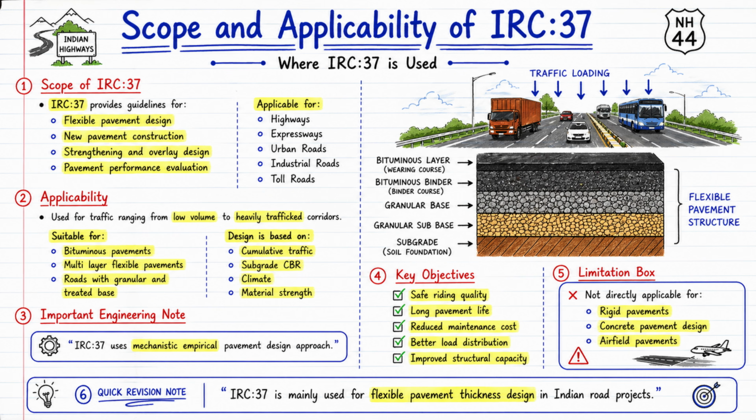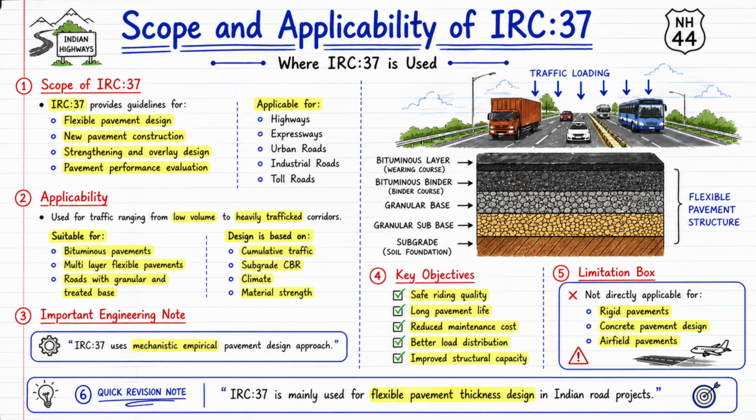Now see suitable for below: bituminous pavements, multi-layer flexible pavements, roads with granular and treated base. Notice one thing here. The entire focus is on flexible pavement system. Rigid pavement is not being covered here.